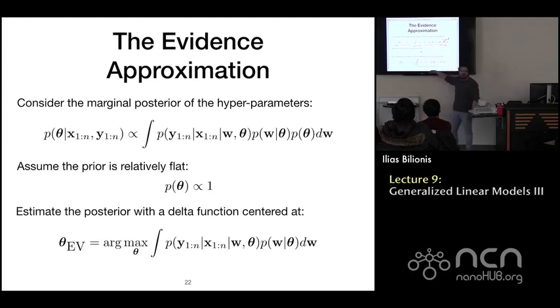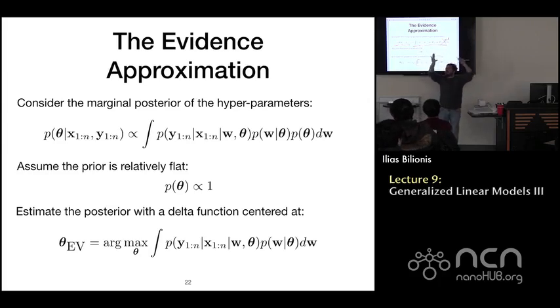So you say, I'm just going to pick the theta that maximizes, that gives me the maximum posterior value. Okay, that's all. So this is called the evidence approximation. It works when your prior for theta is very flat, and when your posterior for theta, which is this quantity right here, is very, very sharp.